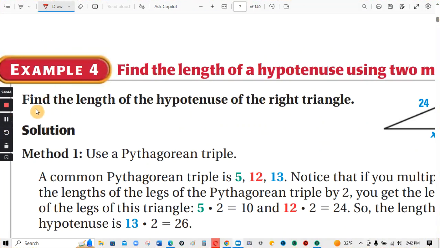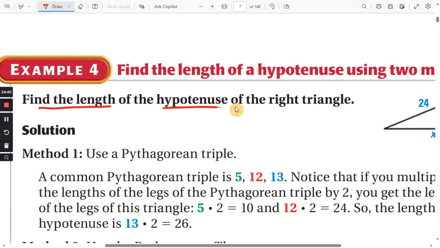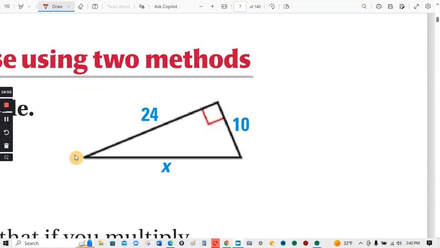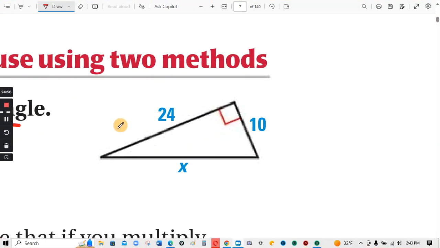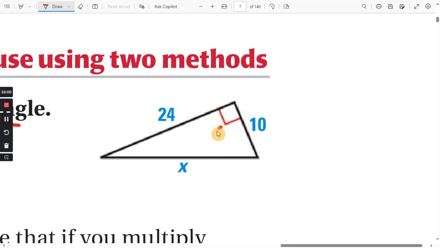Example 4. Find the length of the hypotenuse of the right triangle. Let's take a look. Now on this one, of course, we can use the Pythagorean theorem, but let's try to use one of the triples. We have a 10 and a 24, and the hypotenuse is x. We don't know it.